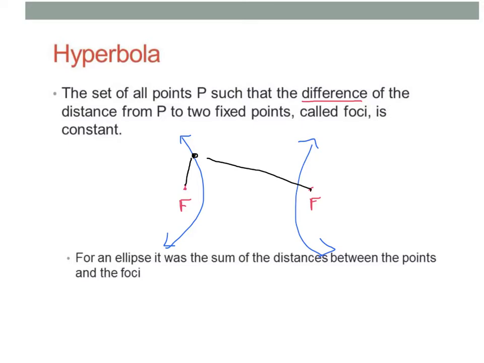So the difference of d1 minus d2 is going to equal the same number as the difference of d3 minus d4. And so for any point at all on a hyperbola, the difference between those distances is a constant.